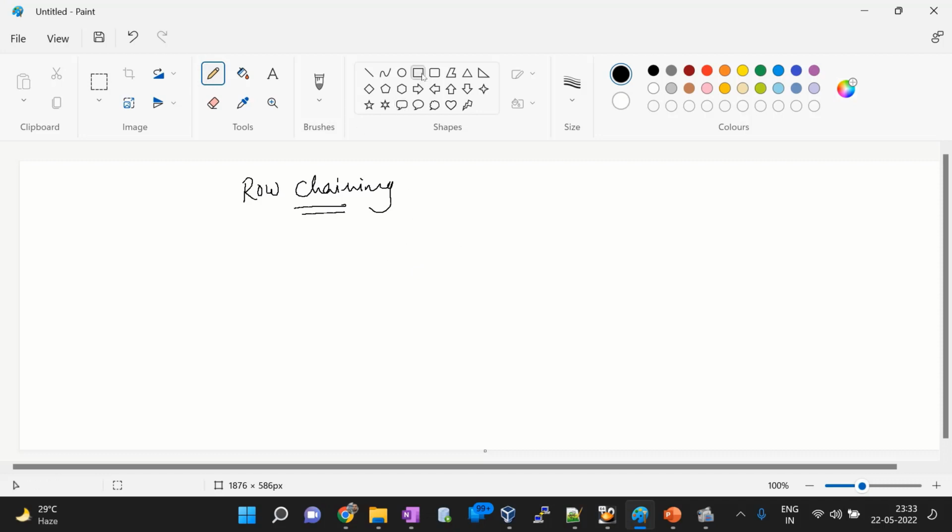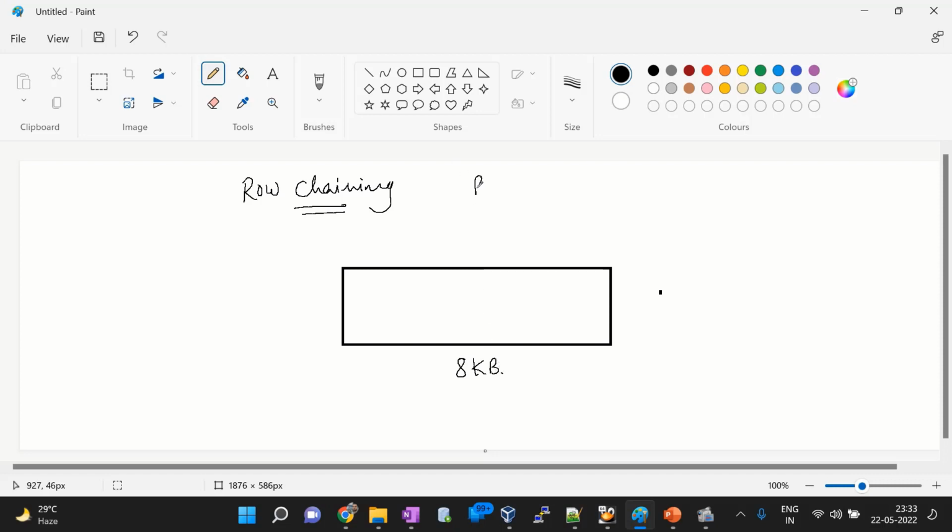Suppose this is an 8 KB block and a single row size is around 12 KB or 10 KB. In that scenario, a single block cannot store this information. This 10 KB of information of a single row can't be stored in this block.